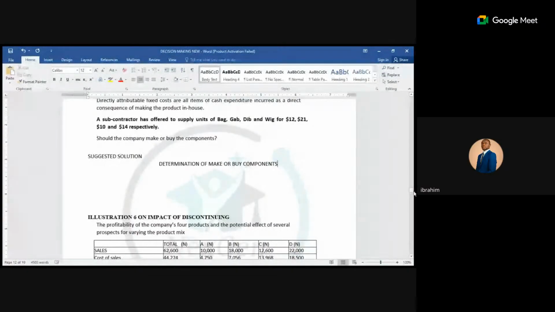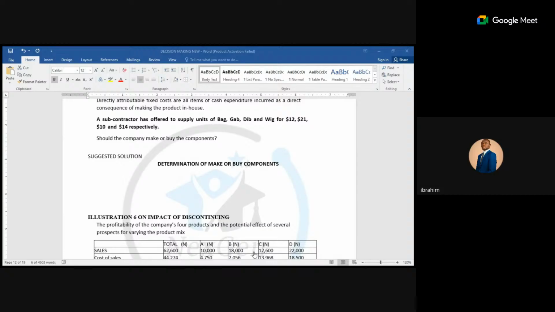However, if you want to buy the component outside, you must not outsource your key component. It is like those people who produce bread. There are some components that they don't outsource. Even if you want to help them do it, they will tell you that you can't, because that is where their secret is.